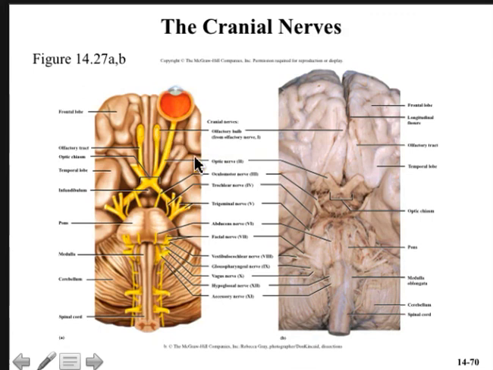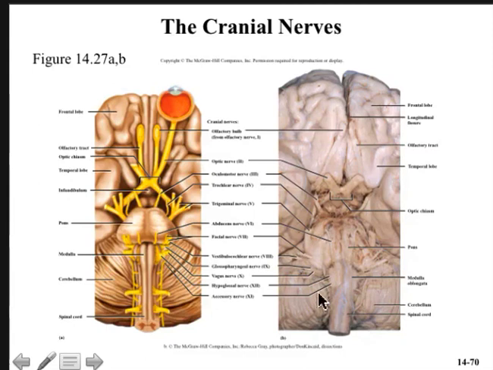the olfactory, the optic, the oculomotor, the trochlear, the trigeminal, the abducens, the facial nerve, the vestibulocochlear nerve, the glossopharyngeal nerve, the vagus nerve here, the hypoglossal nerve, and the spinal accessory nerve.